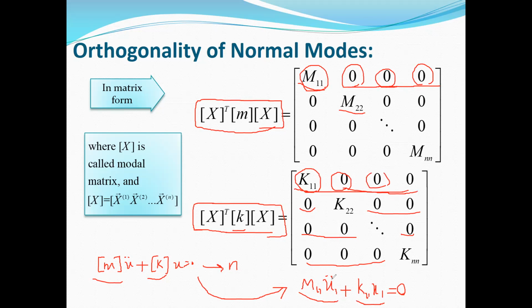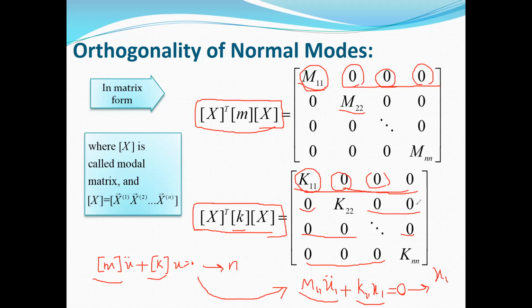So it means that we only have x1 in the first equation. This is an ordinary differential equation of order 2, and it is independent, with only one unknown, which is x1. By solving this equation independently you can obtain x1.